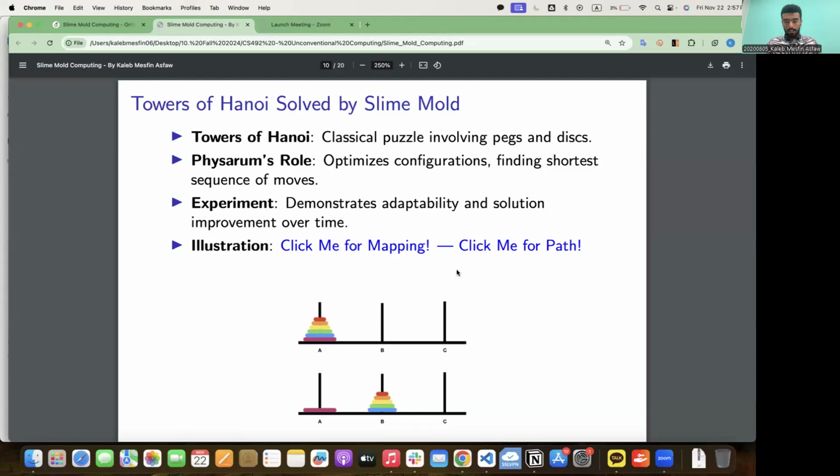Now, the interesting part: how does the slime mold solve this problem? After modeling the problem as a planar graph, scientists discovered the way it acts around the planar graph setting of the Towers of Hanoi.